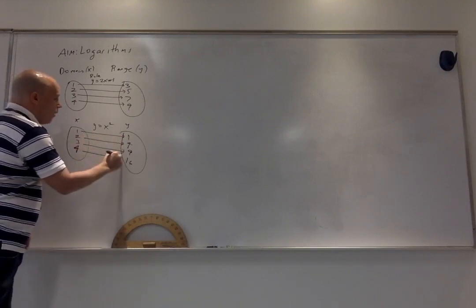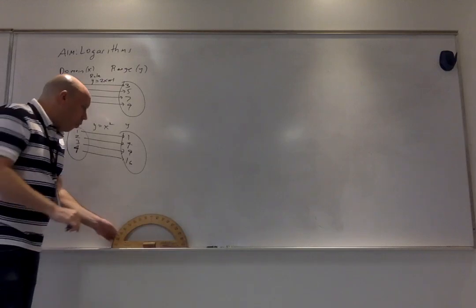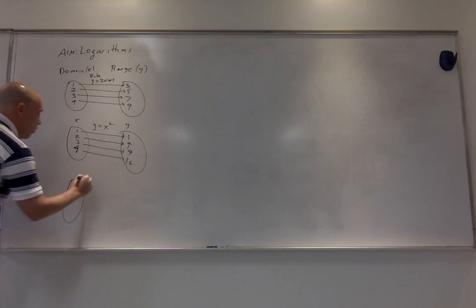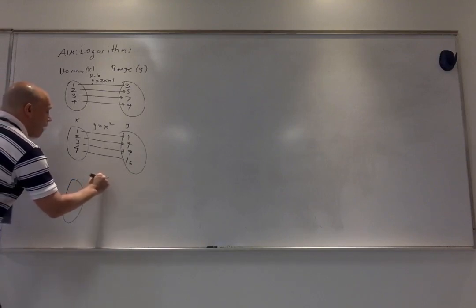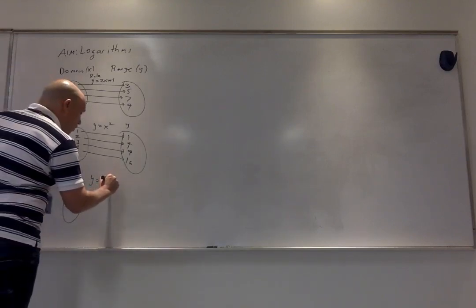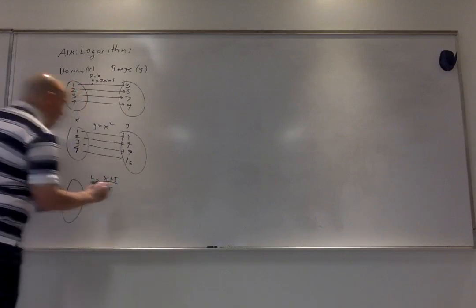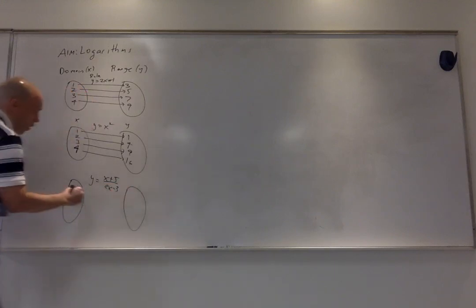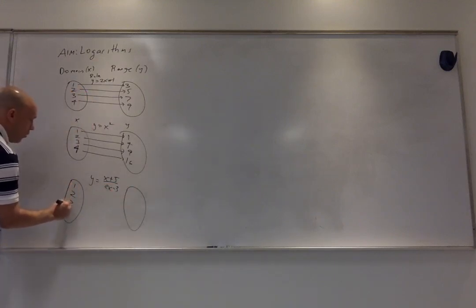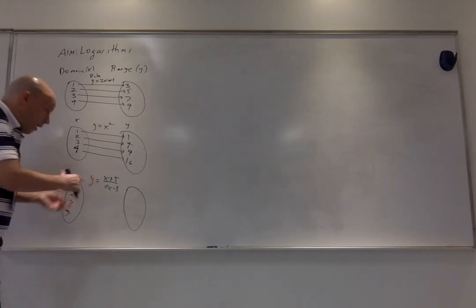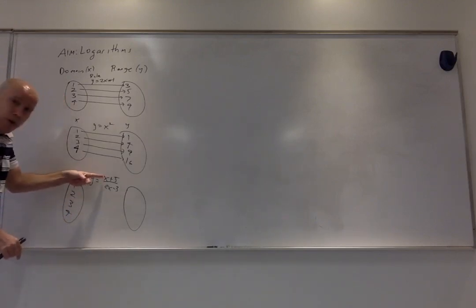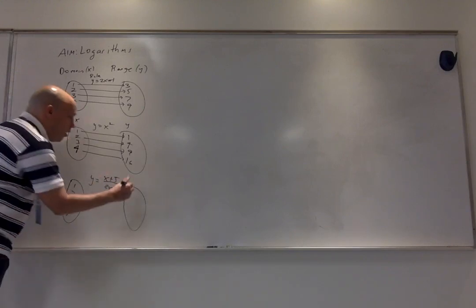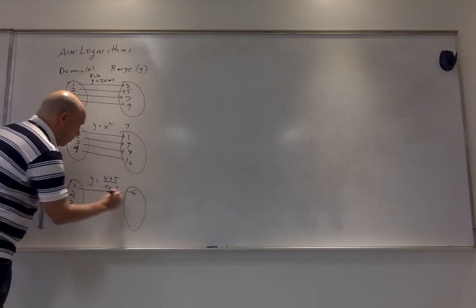Sometimes the rules were really basic, and other times a little more advanced. For example, you might get the rule y equals x plus 5 over 2x minus 3. You started with your 1, 2, 3, 4 and plugged the numbers in. For 1, the numerator is 1 plus 5, that's 6. The denominator is 2 minus 3, negative 1, so it goes to negative 6.